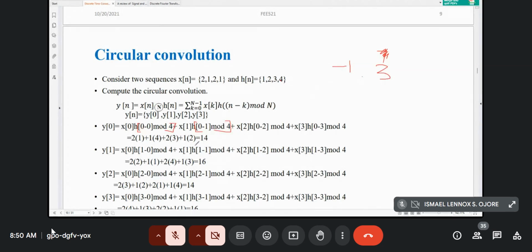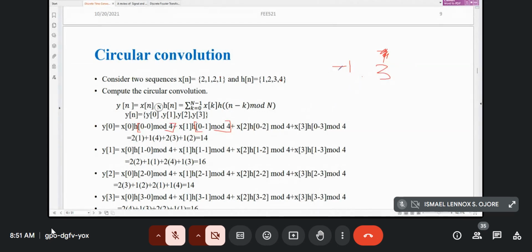It's mod 4. So minus 3 should be minus 3. This is h of, yeah, for the x we have no problem. Of course, the x we know this is 1. The last one for this is actually h of 1.